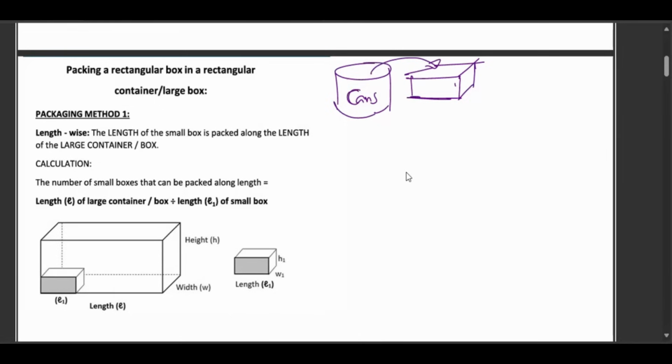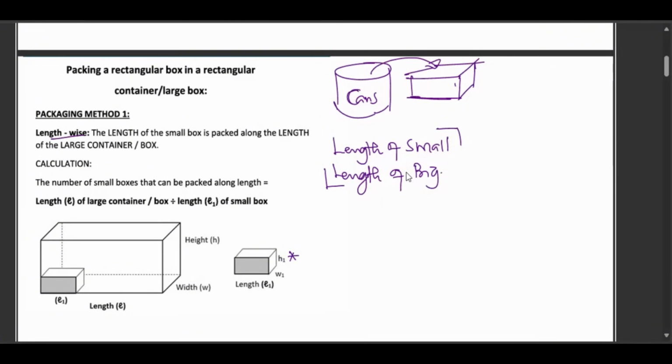Anyway, there are two method arrangements that we usually use. One is called lengthwise. Lengthwise, if it happens like in this form here, that means the length of the smaller box will sit on the length of the bigger box. And we need to find out how many boxes will fit on the long side and how many on the short side.